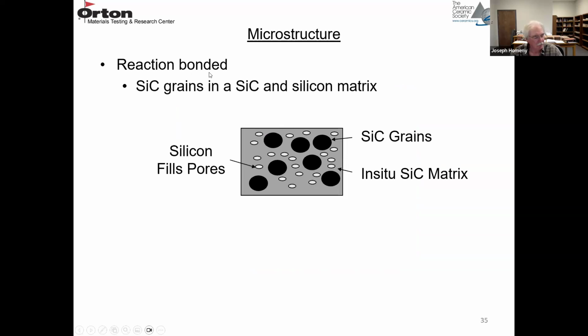And then the material that's reaction bonded, you're going to have silicon carbide grains in a silicon carbide and silicon matrix. So you have your coarser silicon carbide grains, the black circles here. And in this process, you start out with silicon metal and the coarse silicon carbide grains, and you vaporize silicon, and it infiltrates and reacts with the carbon.